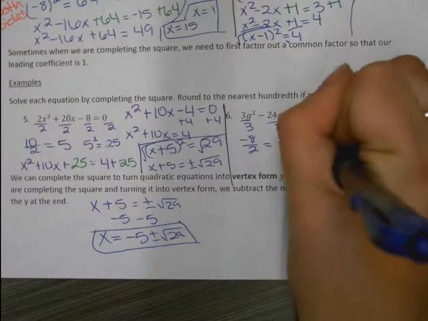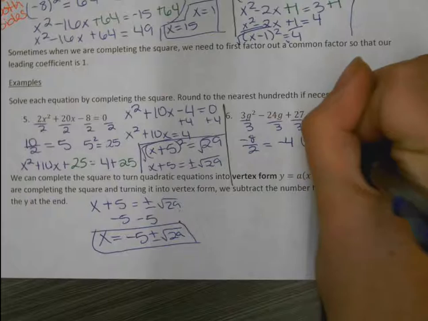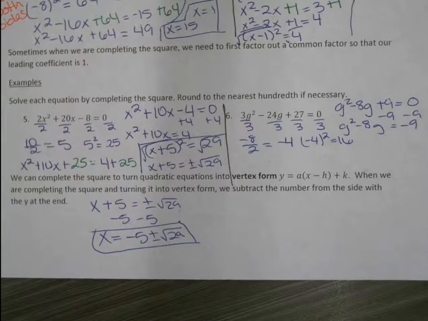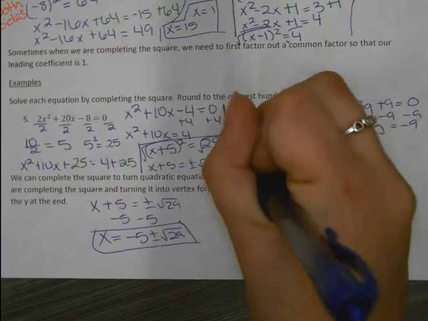Negative 4 squared is 16. Okay, then I'm going to add 16 to both sides.